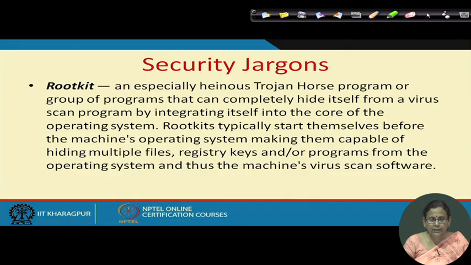A rootkit typically starts before the machine's operating system is capable of handling files, and such programs are capable of hiding multiple files, registry keys or programs from the operating system. Thus, the machine's virus software can also be hidden.